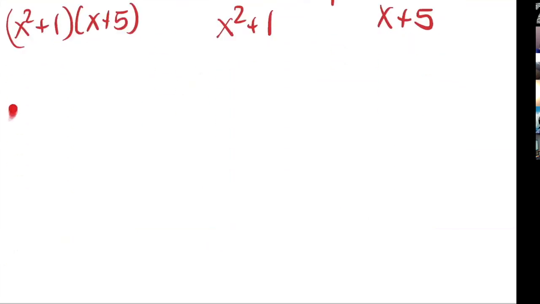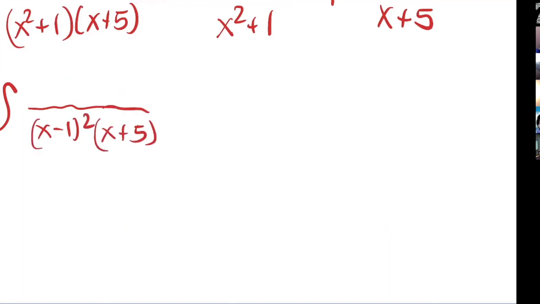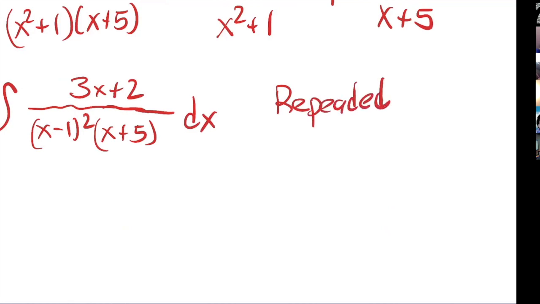Yeah, so the last case might be if you had to integrate something like this, and now the special case is we have a repeated factor. Right here.